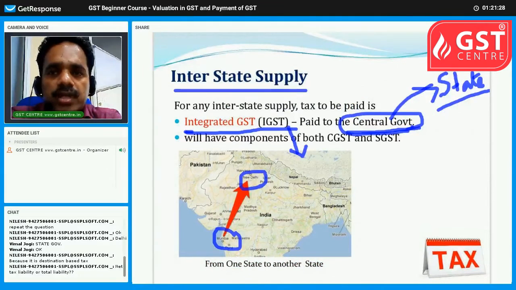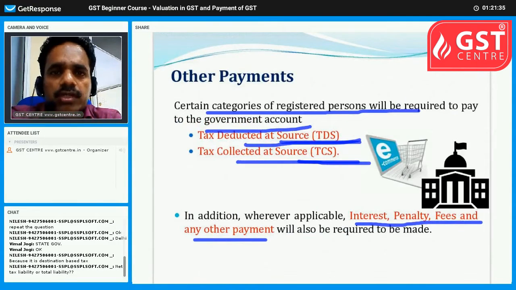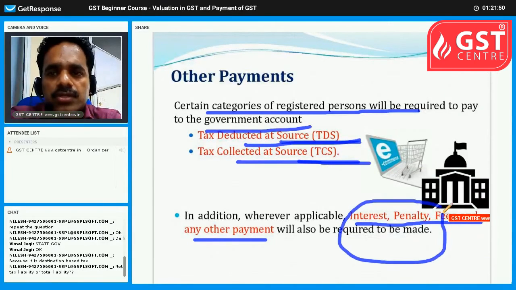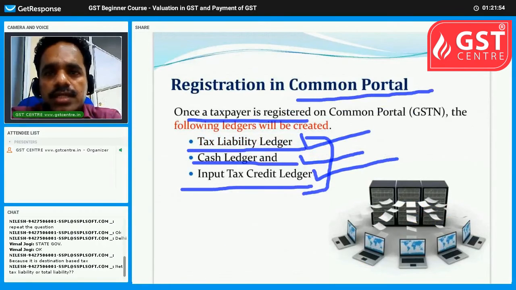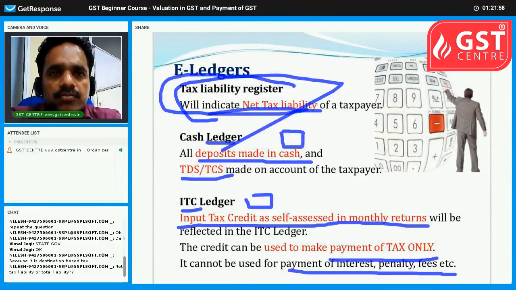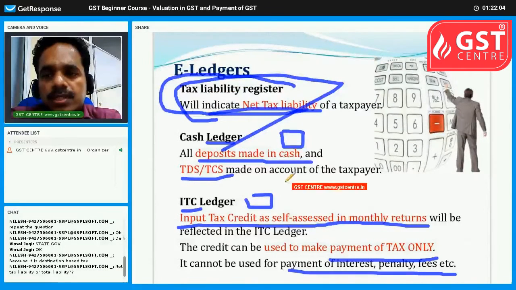Interstate supply means from one state to another state, where IGST applies. Other payments include tax deducted at source and tax collected at source, to be done by e-commerce portals or government departments or companies. Then interest, penalties, fees or any other payments should also be made by the taxable person. There are three ledgers: tax liability register, cash ledger and input tax ledger. So all this is about the first PPT.